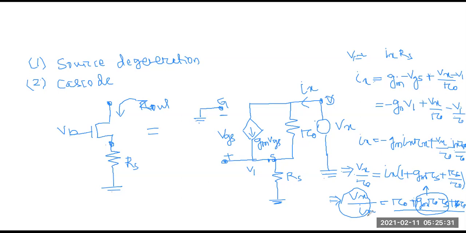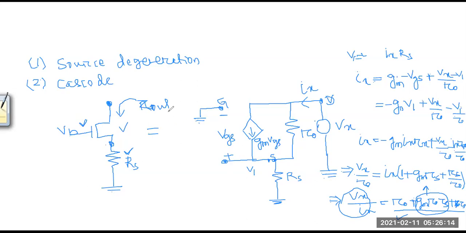Okay. So now what was our aim? To increase the output impedance. Now we are getting it. So in this source degeneration method, we are increasing the output impedance. So now in this type of circuit, when someone asks what is the output impedance, simply tell them this way: Rs plus R0, plus the transconductance into Rs into R0.